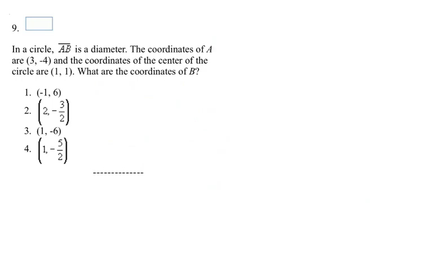Alright, let us move on to number 9. Now the circle AB is a diameter. Coordinates of A are this, and then coordinates of the center of the circle is this one. What is the coordinate of B? Since I don't know what coordinate of B would have been, let me just assume that that's equal to, how about x comma y, because I have no idea what it is.